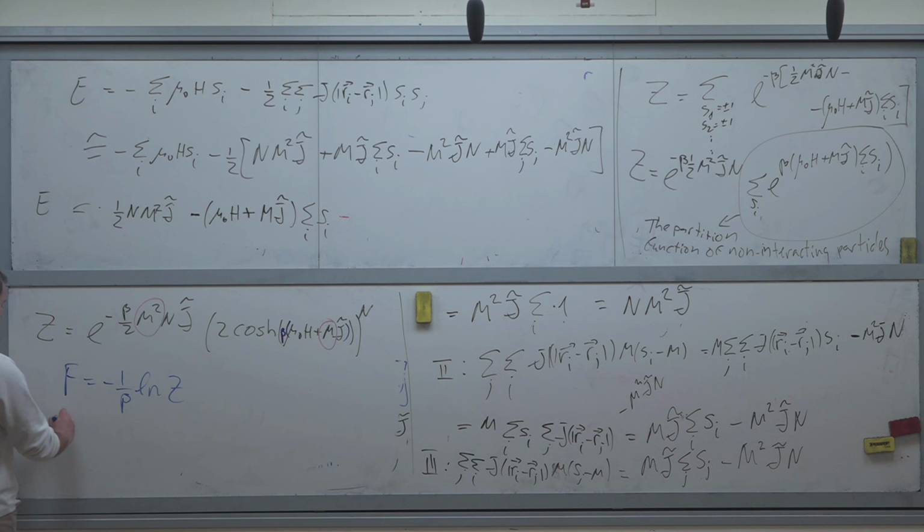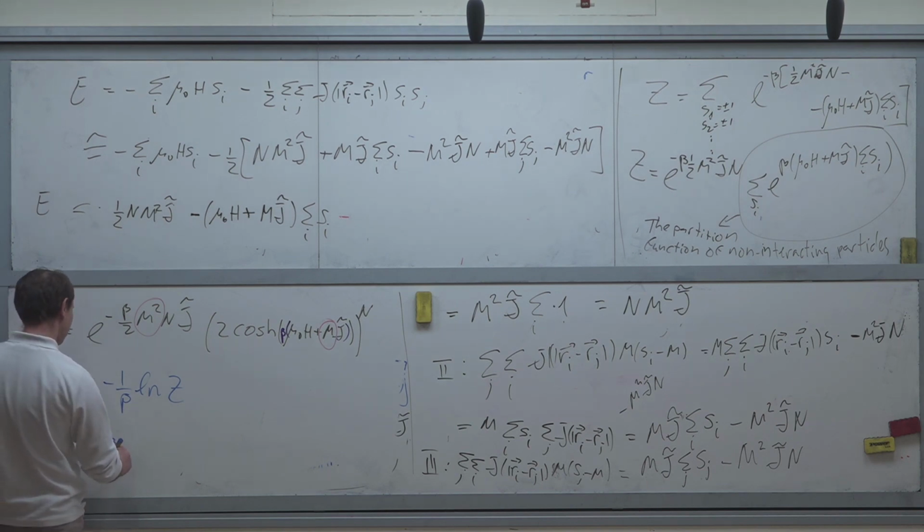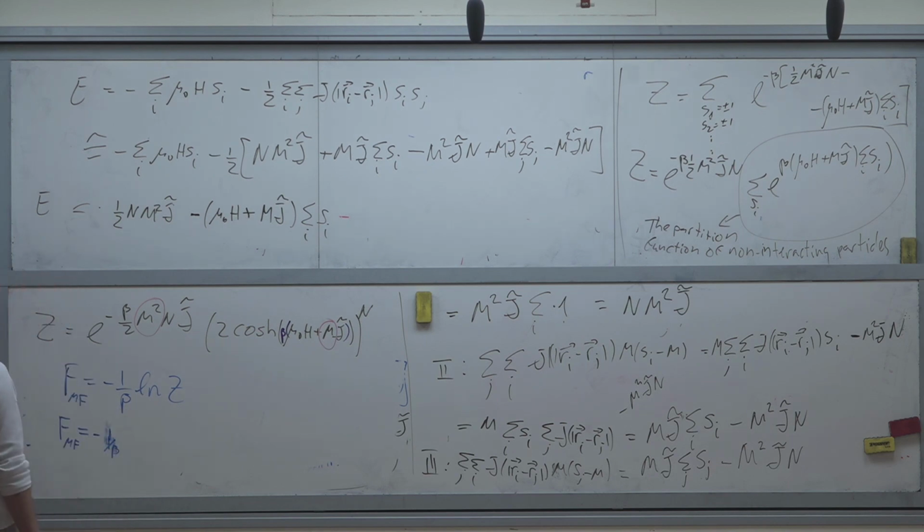Let's write it down. The free energy, we call it the free energy in the mean field approximation. So it is minus 1 over beta, and the log of Z. What is the log of Z?